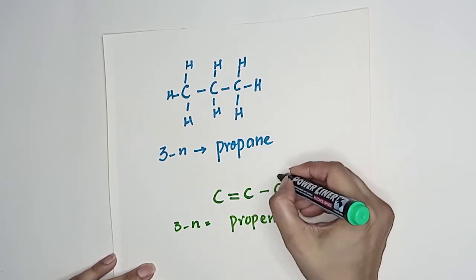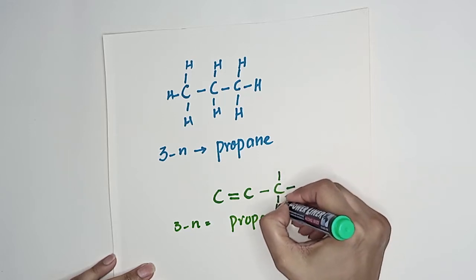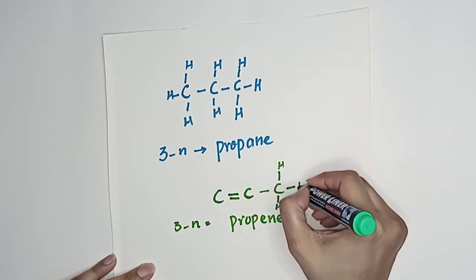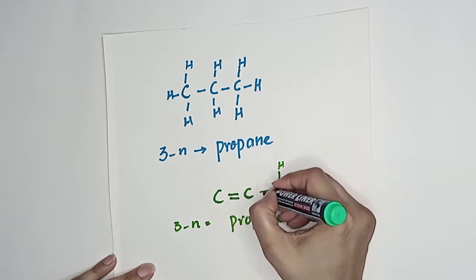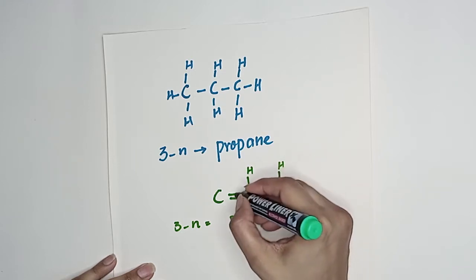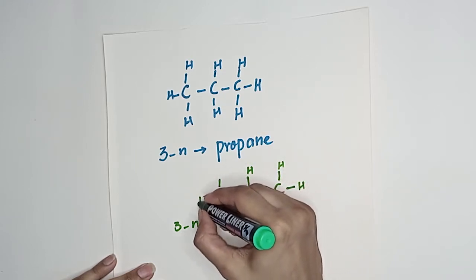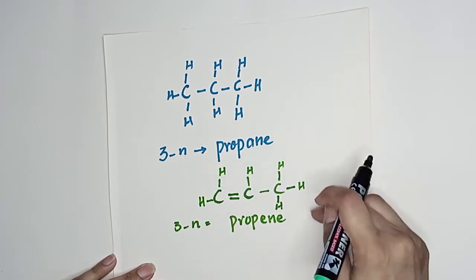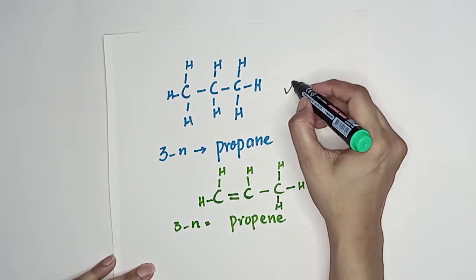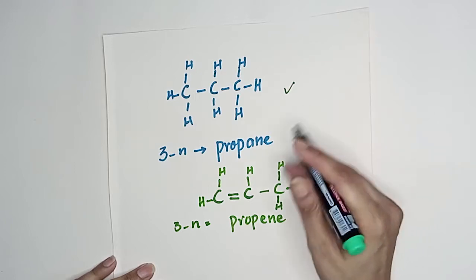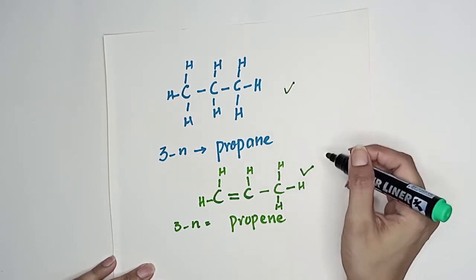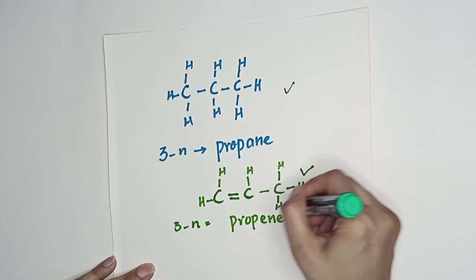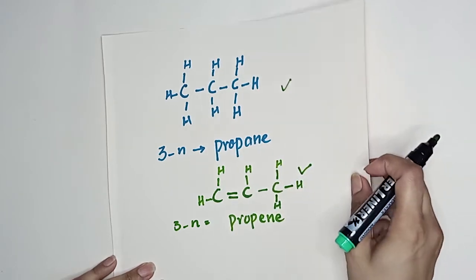The rest of all the bonds will be utilized by the hydrogen atoms like this. 1, 2, 3, 1, 2, 3 and 1 is 4 here. 1, 2, 3, 4. So you will complete all the chains like this. So this is the difference between alkane and alkene. You can write the formulas accordingly by utilizing all the 4 bonds of the carbon atoms.